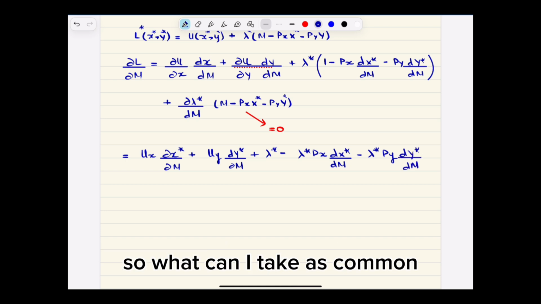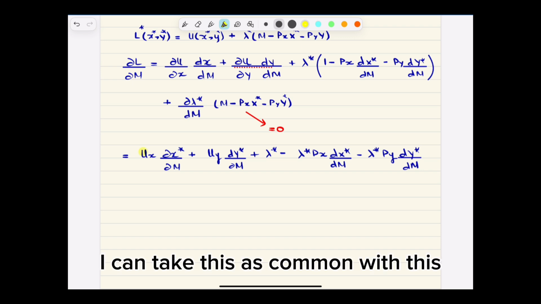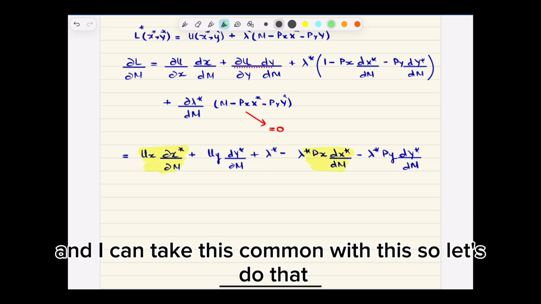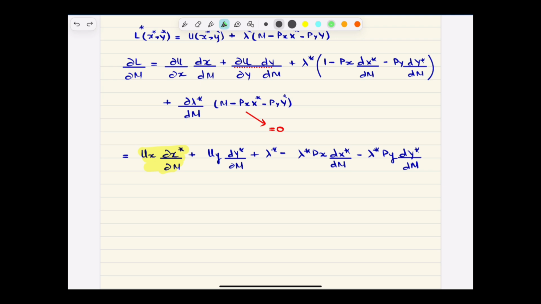Okay, so what can I take as common? I can take this as common with this, and I can take this common with this. So let's do that.